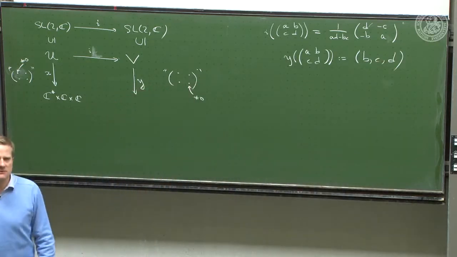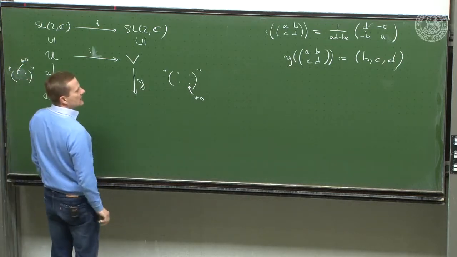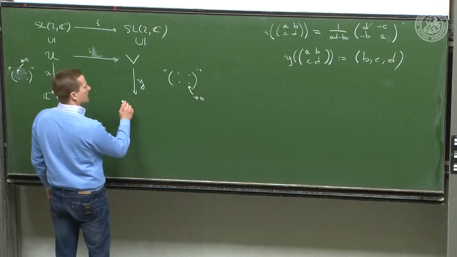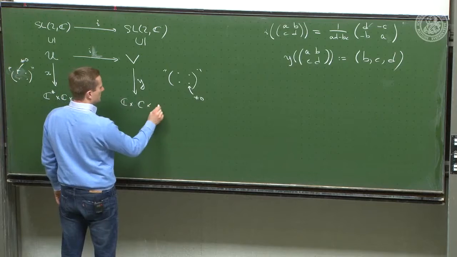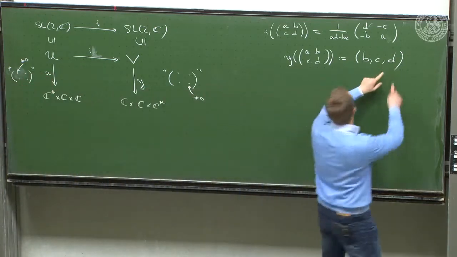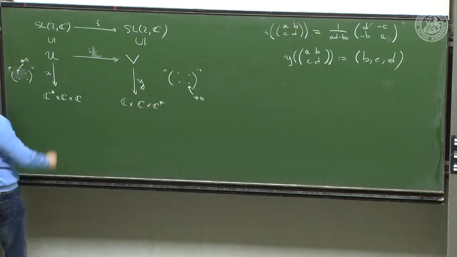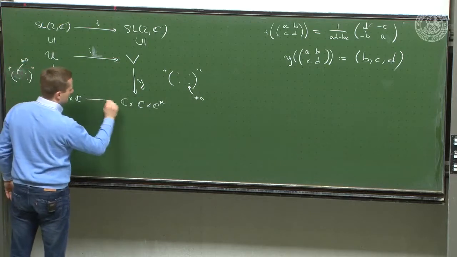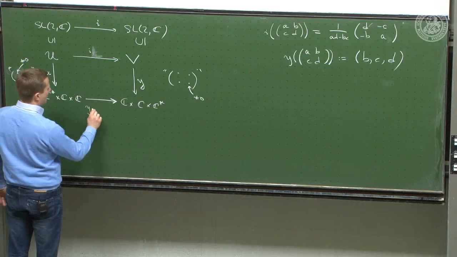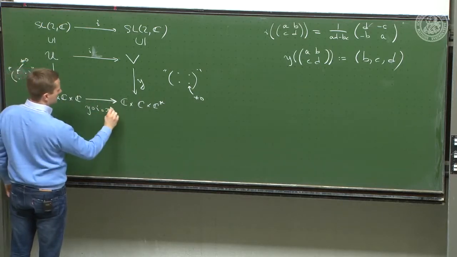Can you quickly check your notes? That's what we did, no? Okay, so fine. So that means that guy goes into C, C, C star, because now it's the D here, the lower right, that is non-zero. So chart here, chart here. Now I can construct this map, and that is Y after I after X inverse.